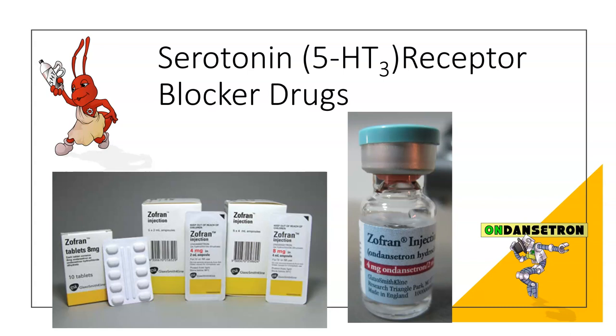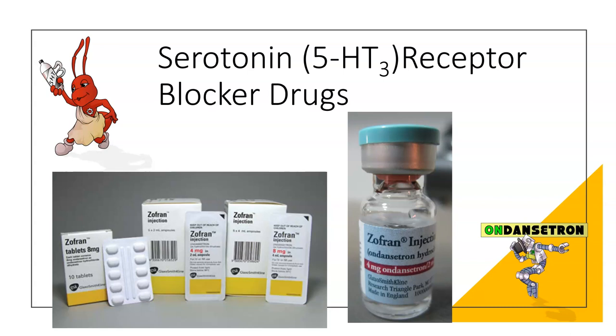Their mechanism is they are blocking this 5-HT, which is a serotonin receptor. That's why I have it in parentheses. We generally often call these 5-HTs, and then the specific receptor will be noted in the subscript. If you see 5-HT, 5-HT is the same thing as serotonin. Serotonin is also known as 5-hydroxytryptamine, which is why it's 5-HT.